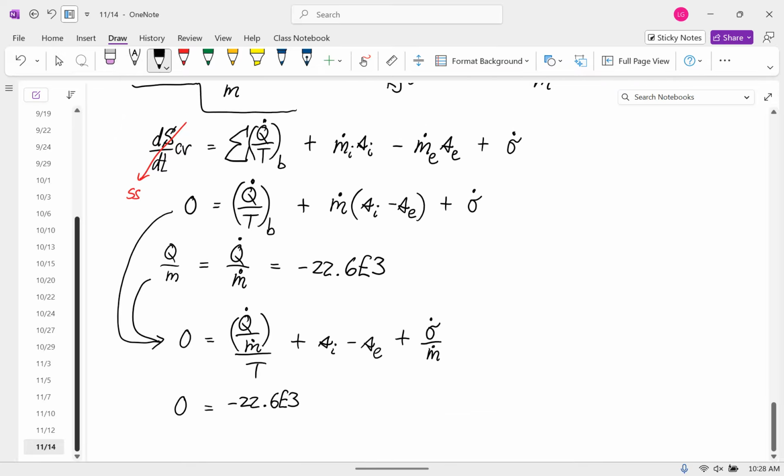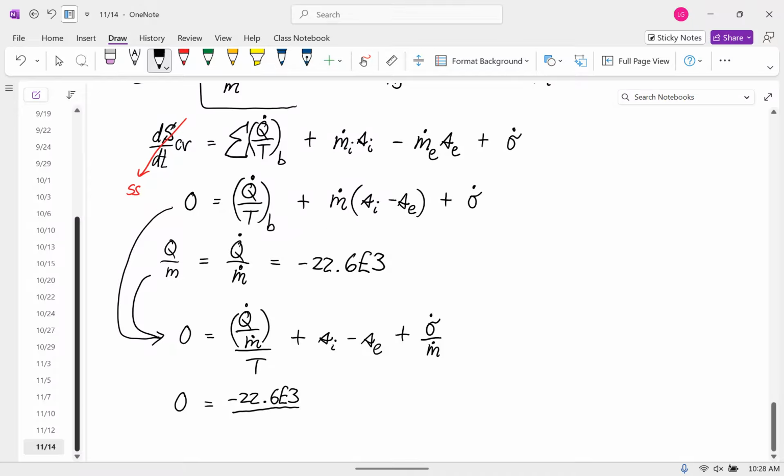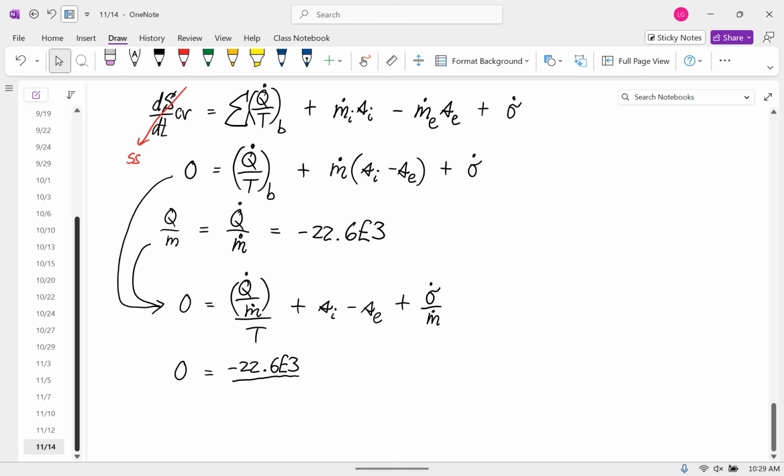So this is our Q dot over m dot over the boundary temperature. Remember, the temperature for that heat transfer isn't at the inlet or the exit, it's at the boundary of the device. So this is where we use this 350.